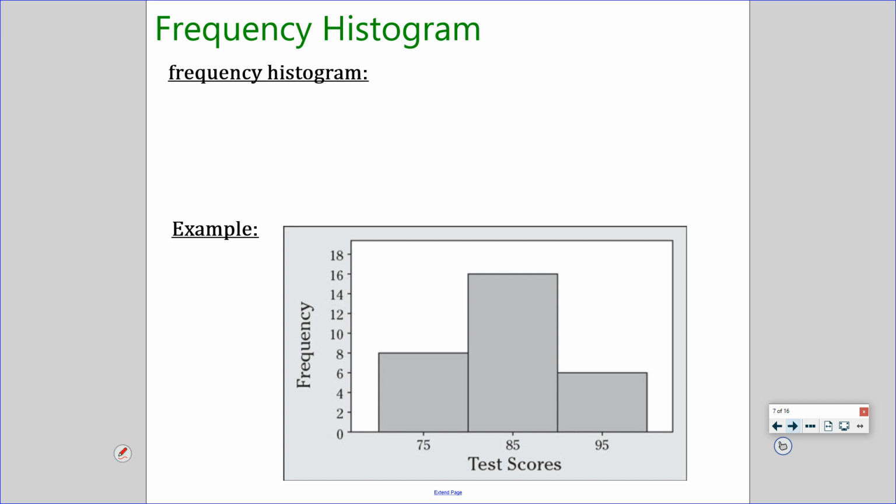Graphs are really important. I swear, when I took the science ACT, it was all interpreting graphs. So this is good. A frequency histogram uses bars to represent the frequency distribution of a data set.